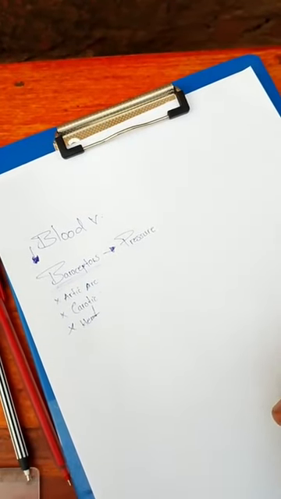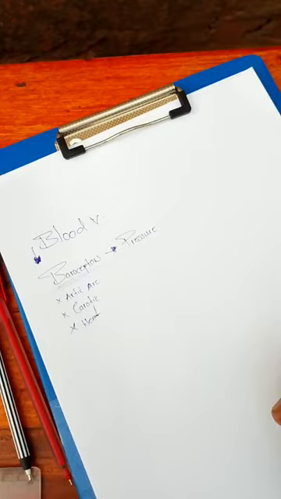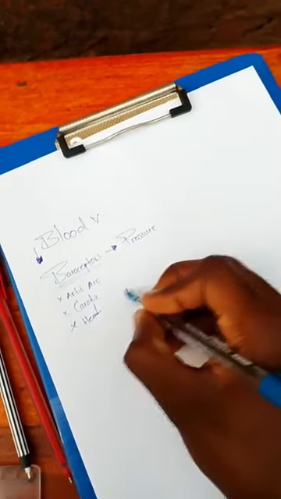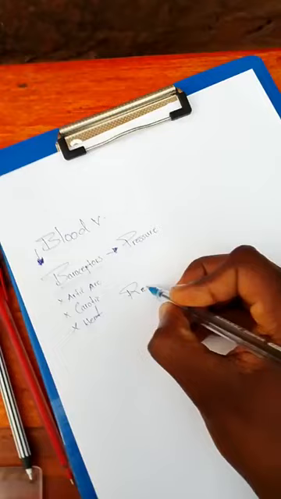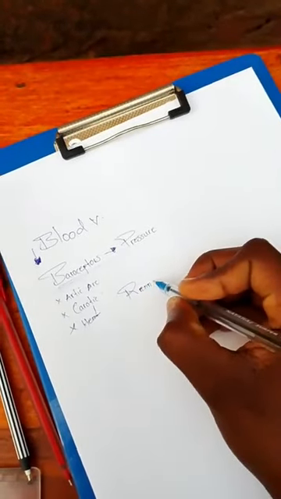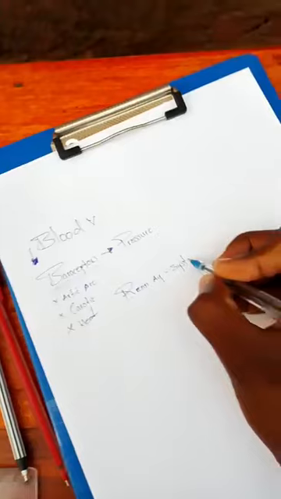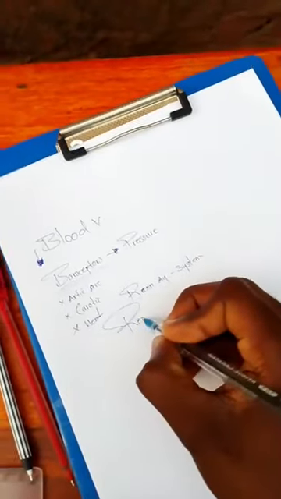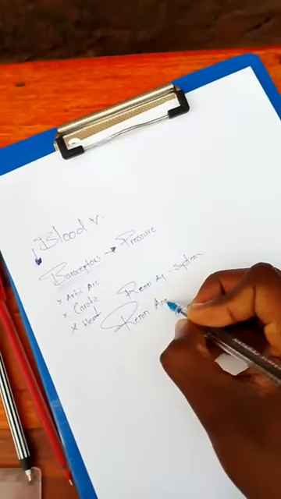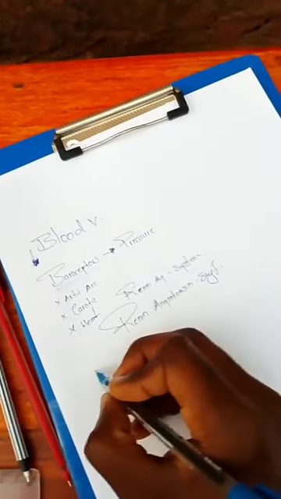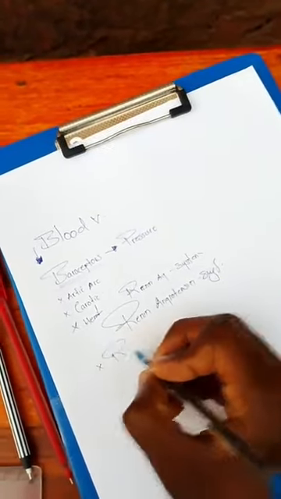So what the hypothalamus does is that it is going to cause the activation of what we call the renin angiotensin system. You can also find it referred to as the renin angiotensin aldosterone system.